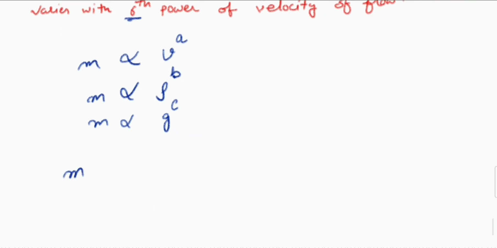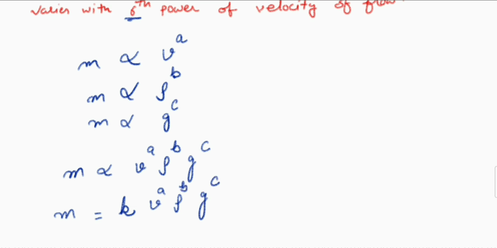So we can write m is directly proportional to v^a rho^b g^c. So m is equal to the proportionality constant k, v^a rho^b g^c.